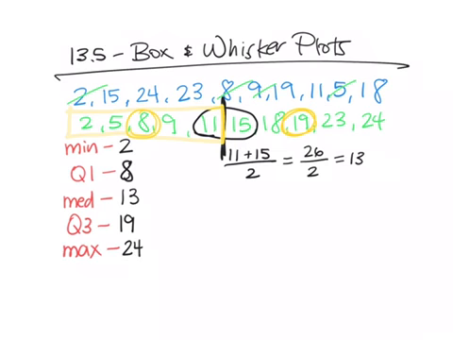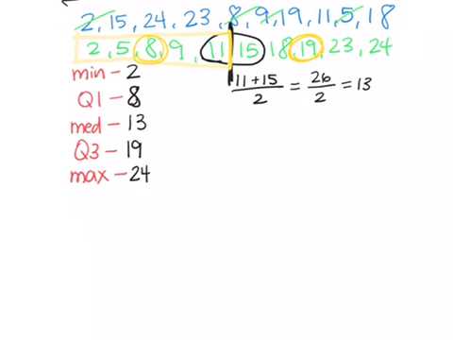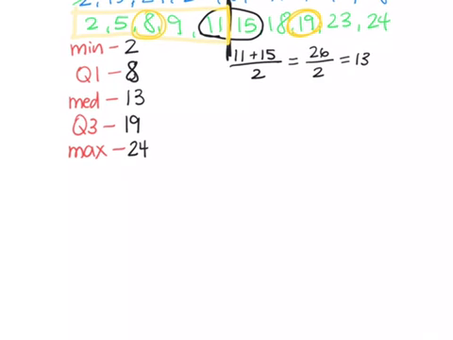Now, one thing that's really important as you get ready to create your box and whisker plot is that you understand that your numbering has to be consistent. So I'm going to need a number line that stretches from 2 up to 24. It doesn't have to be counted by ones, but it does have to go in equal increments, and it has to go from at least the minimum all the way up to the maximum.